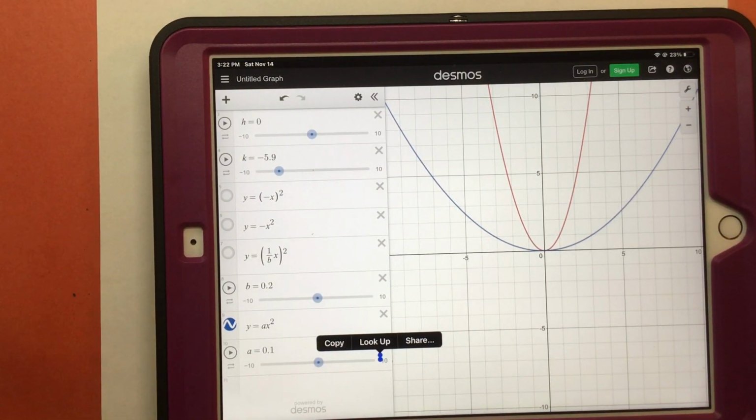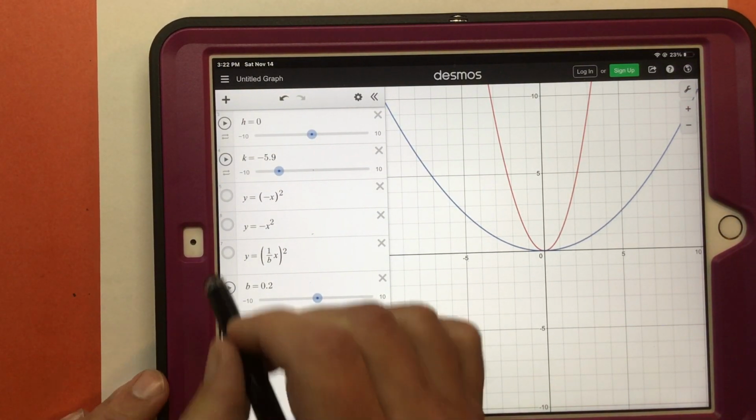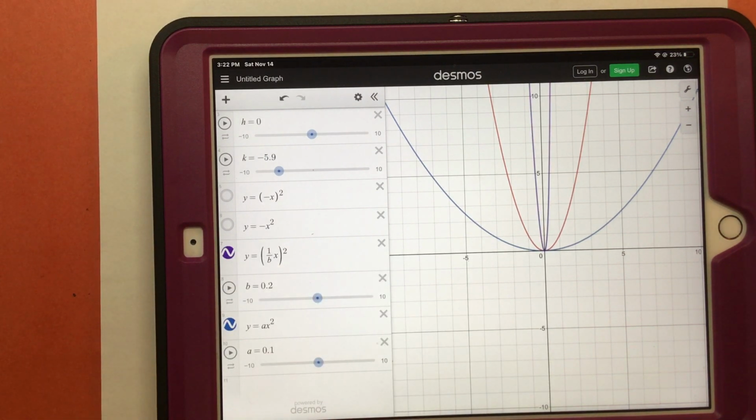Now you're probably noticing that that looks a lot like what I did with this one. A lot like it. That's because when you simplify a horizontal stretch or compression and get rid of the parentheses by multiplying, you end up with a vertical compression or stretch.